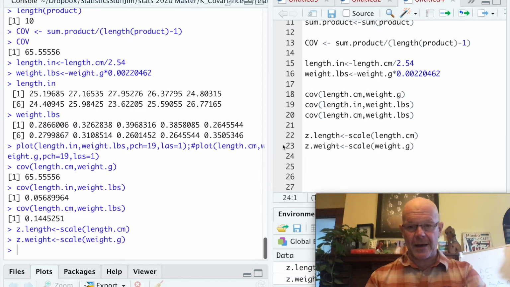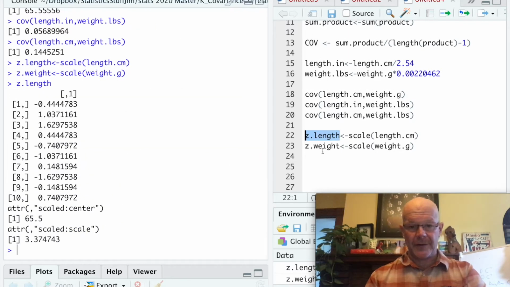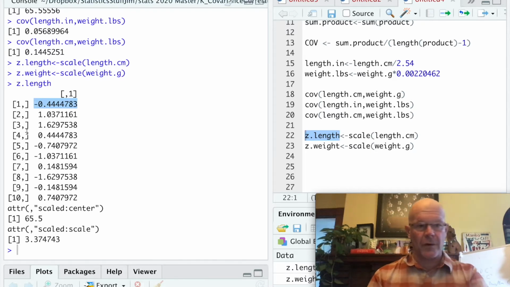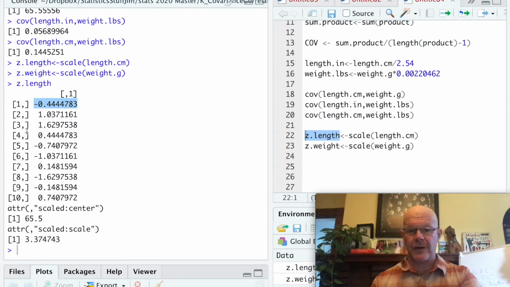Okay, so now everything is in units of standard deviation. So that first individual is 0.44 standard deviations less than the average individual. And in this case, since now we've put it at a standard normal, the average individual will be 0.